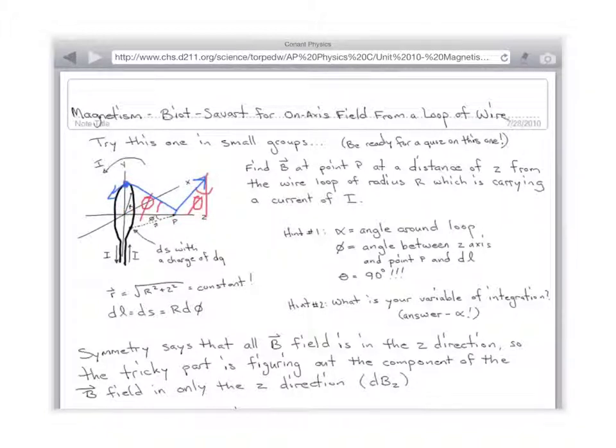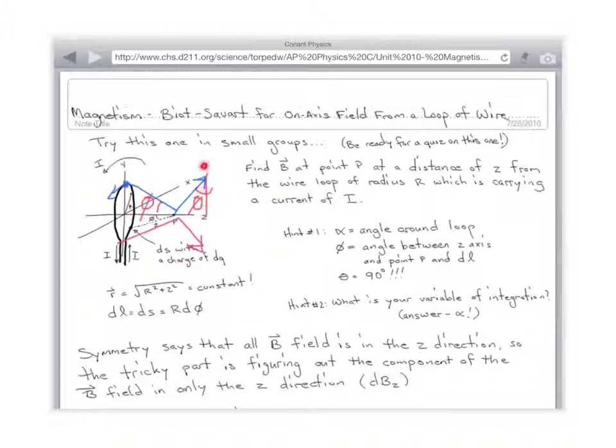The reason that's important is, if you were to add up all the contributions from every point along the circle, the field from each point is not going to be facing in the z direction. It's going to be facing some crazy angle to the z direction. If you take the top point, it's pointing up this way. If you take the point down here on the bottom, it's pointing down that way. That means for every charged particle up here moving in the negative x direction, its field perfectly cancels out with the field from a charged particle at the bottom moving in the positive x direction.